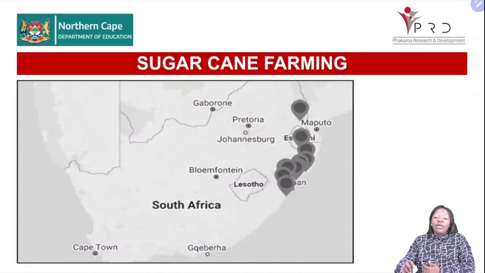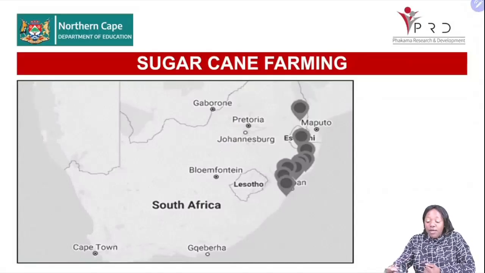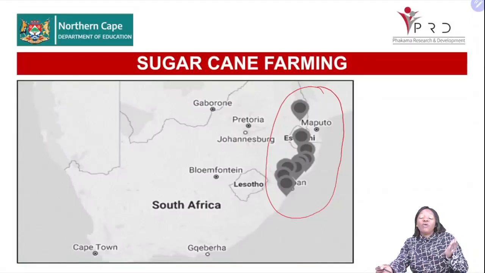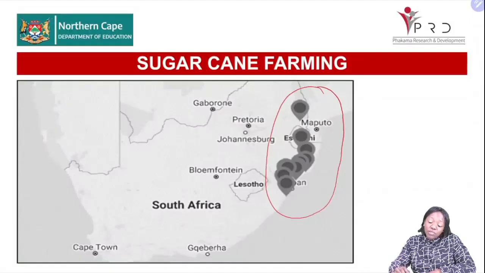So here we have the map of South Africa. With that map, we have the location or the areas where the sugarcane is being farmed. As you can notice, sugarcane is only found on the eastern part of South Africa, as well as in our neighboring countries, but the ones on the eastern side. From outside the country, we have Maputo, as well as Swaziland.